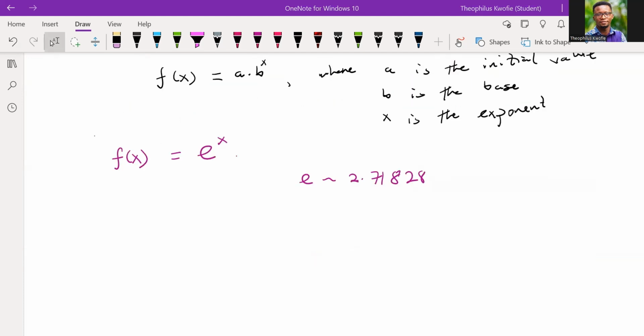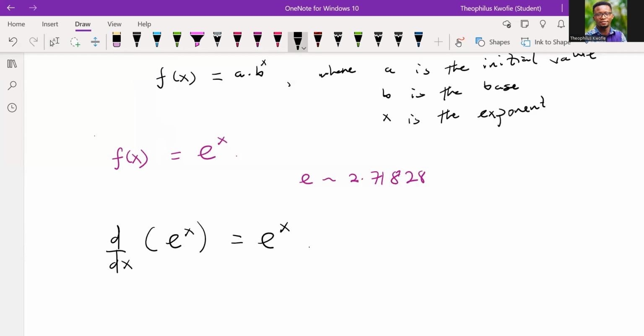All right. So the first thing I want us to talk about is the derivative. I would say that the derivative of the special exponential function e^x is e^x.